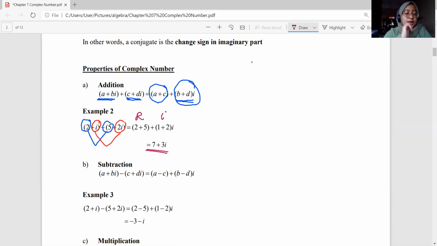The same concept applies when we do subtraction. A plus BI minus C plus DI.